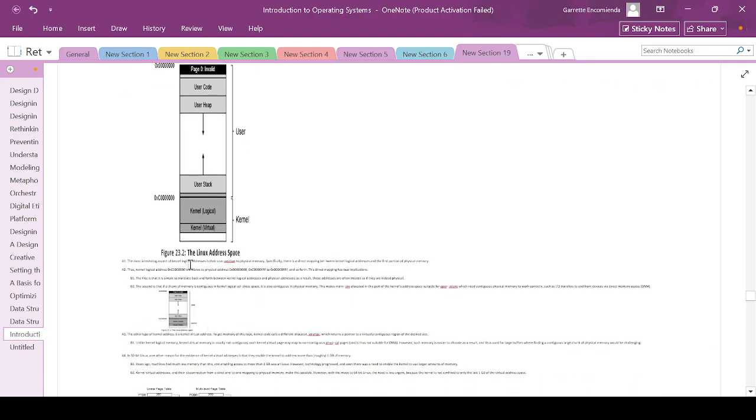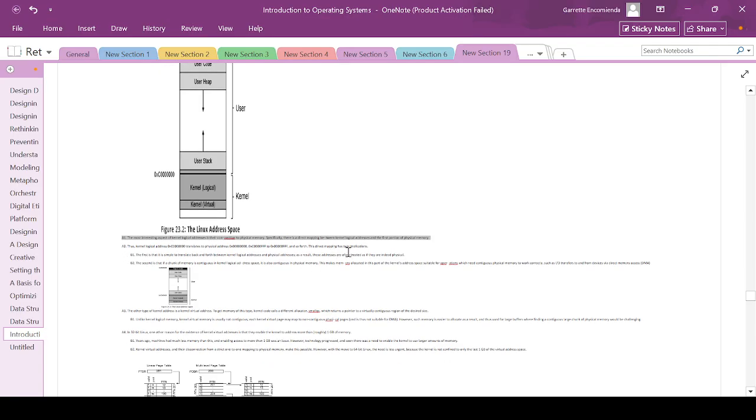The most interesting aspect of kernel logical addresses is their connection to physical memory. Specifically, there is a direct mapping between kernel logical address and the first portion of physical memory. So another property is that it has direct mapping to the physical memory.